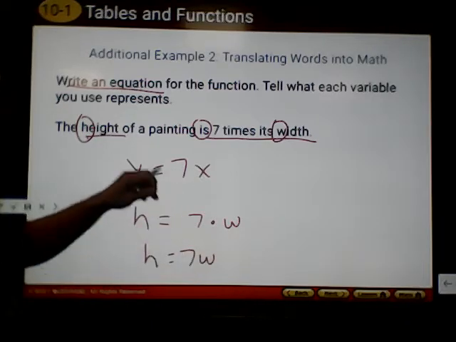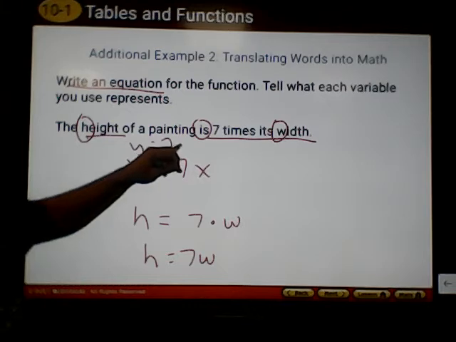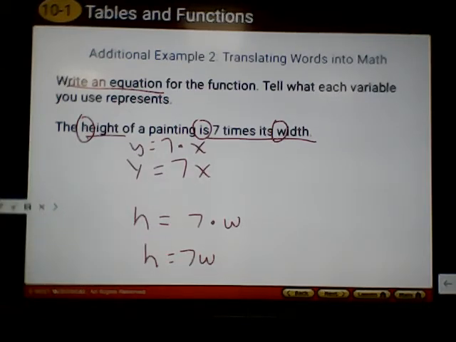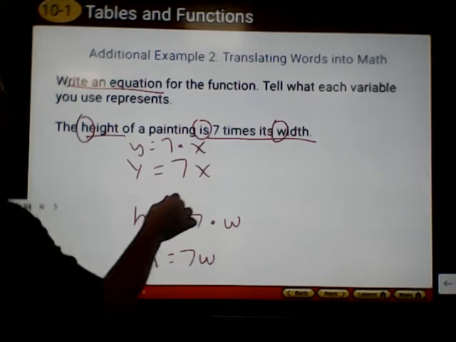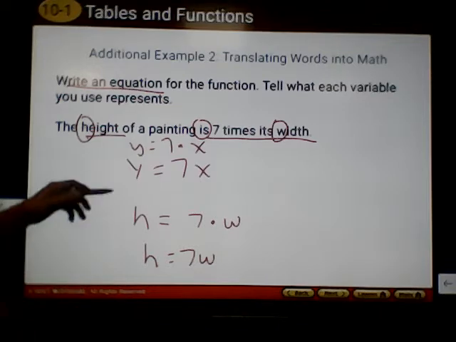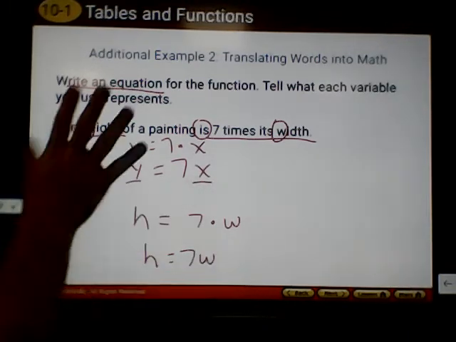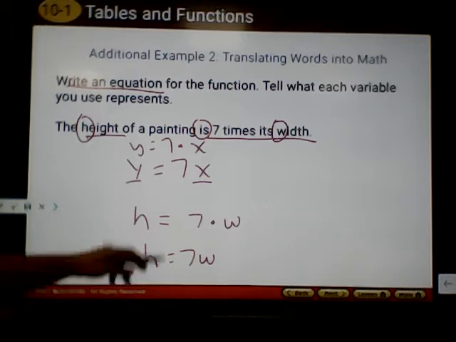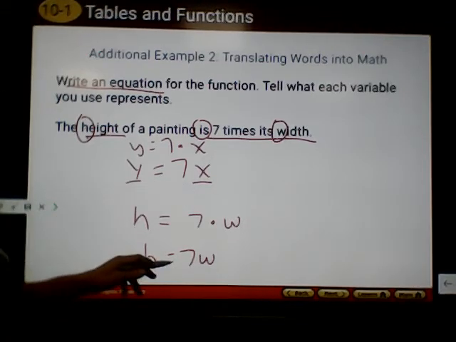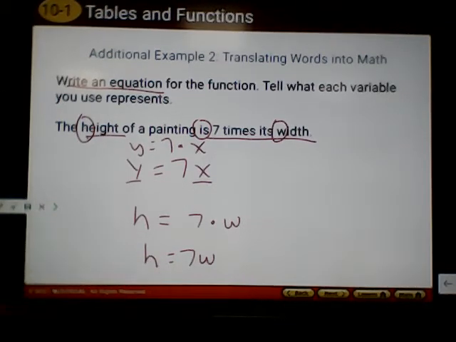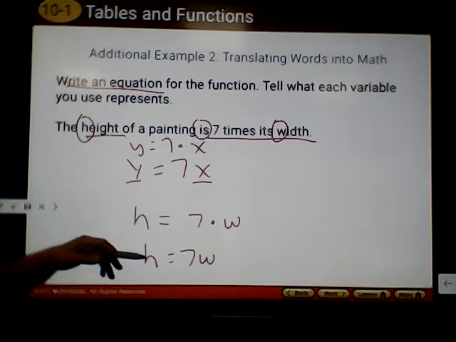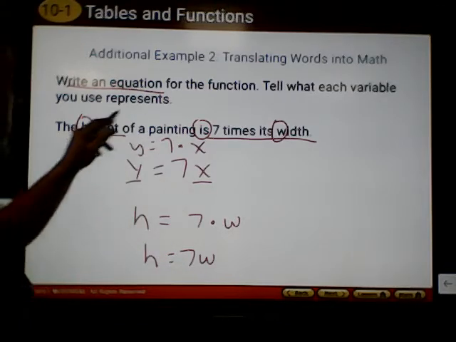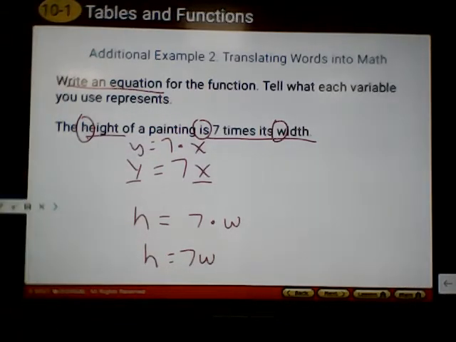You can put the dot if you need to. Y equals 7 dot x or 7x. Anytime you have a letter and a number, you can put them side by side. That means multiply. So if you like to use y and x every time, use the same letters, that's fine. You see y and x, 7x. If you want to use the letters that make sense, here with H and W, do it that way.